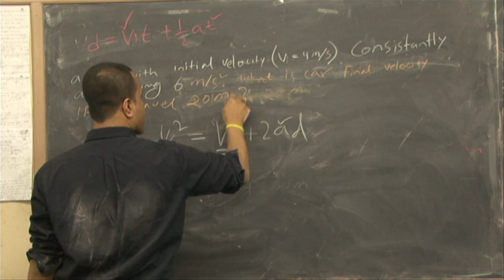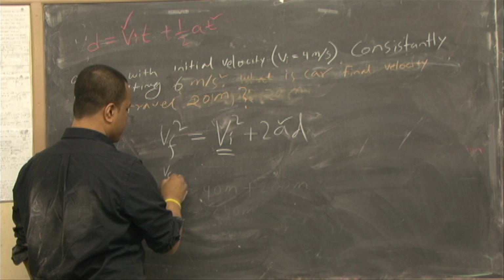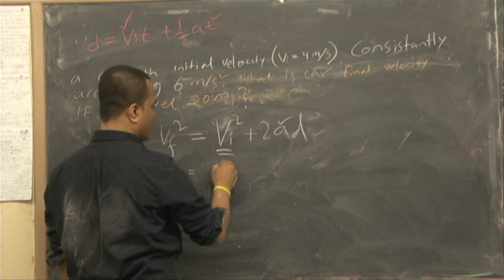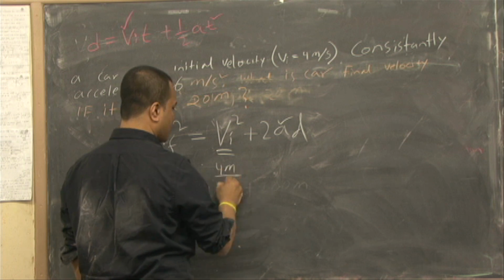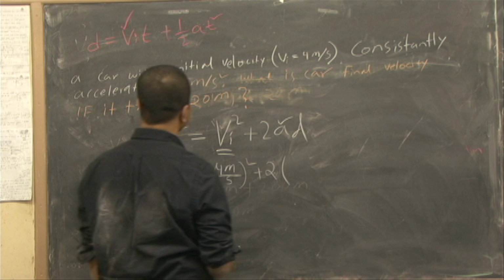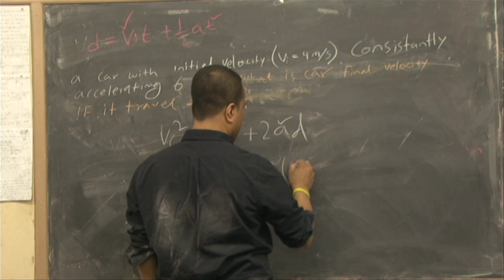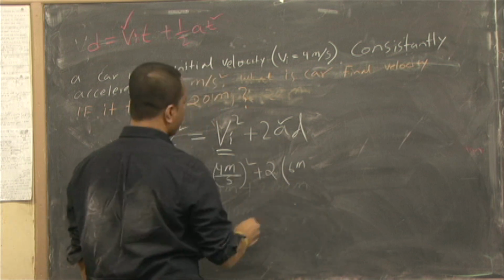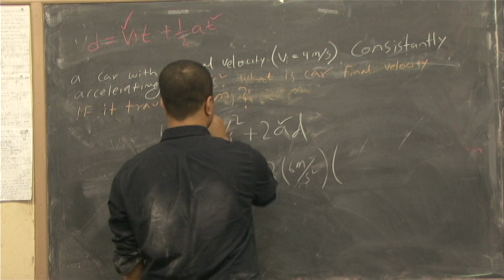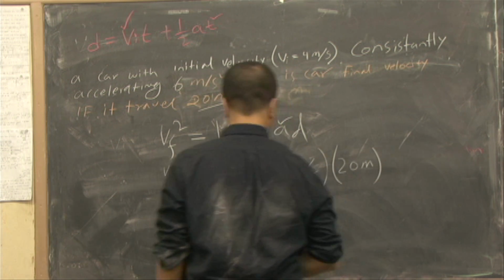Okay. Let's see. So velocity final squared is velocity initial squared, which is 4 meters per second squared, plus 2 times the acceleration, which is 6 meters per second squared, times the distance, 20 meters. All right.